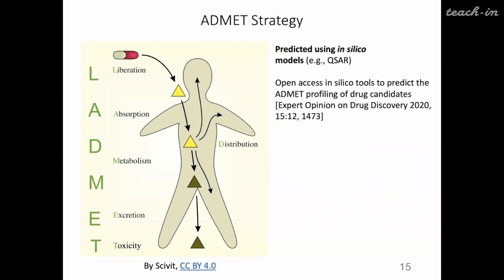We should also mention the so-called ADMET strategy. Sometimes we can also include liberation in our considerations.